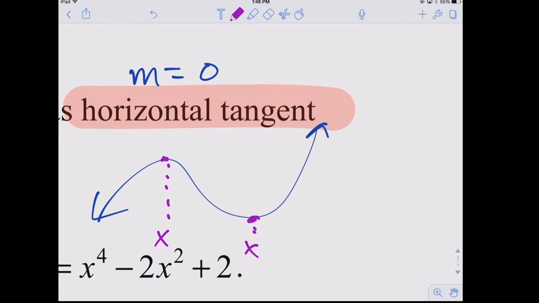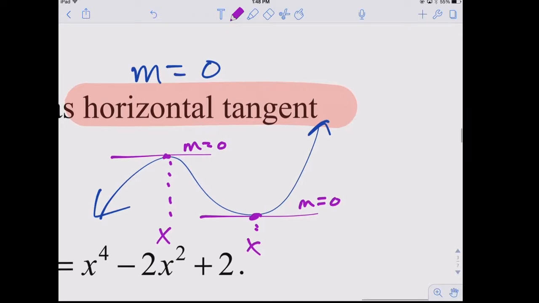And so how do we find those values of x? There's no explicit equation like there is for the vertex of a parabola, but we do know that the slope of the tangent line at those points is 0 because they're horizontal lines. So what we can do then is we can find the derivative of that function, and instead of plugging in an x and finding the slope, we can set the derivative equal to our desired slope and do what?